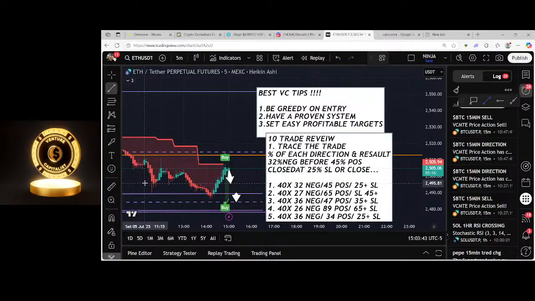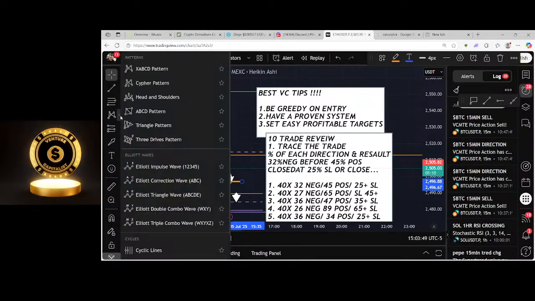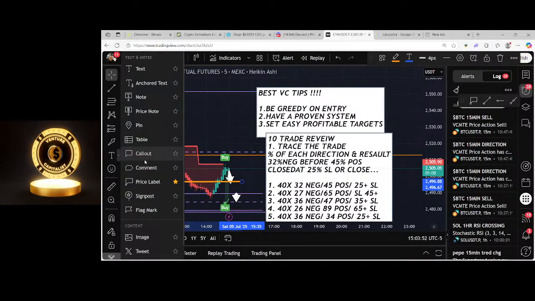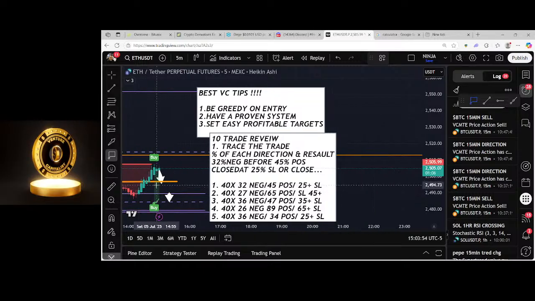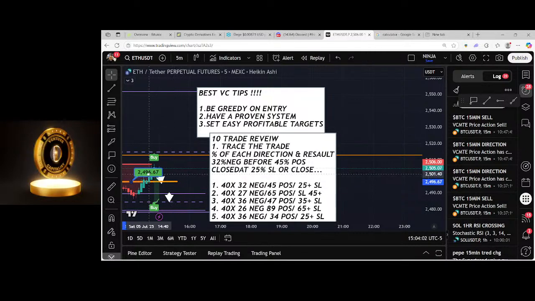It's probably going to be off this last support area right here. So it looks like Ethereum entry is about $2,497. So once we get that entry there, hold on.